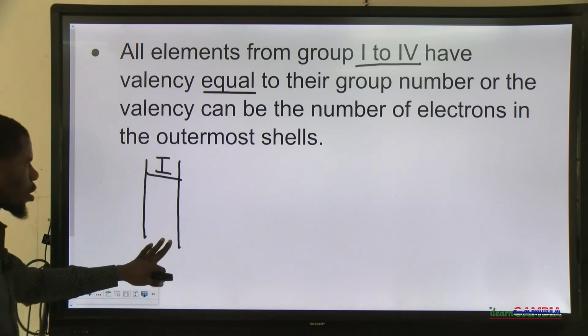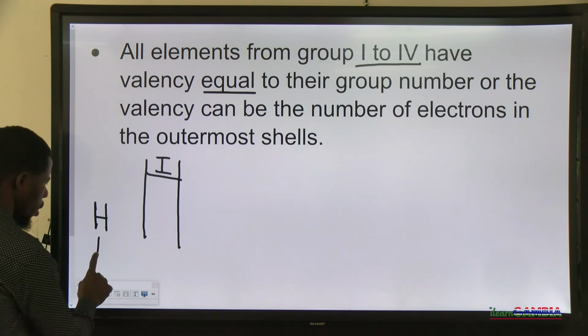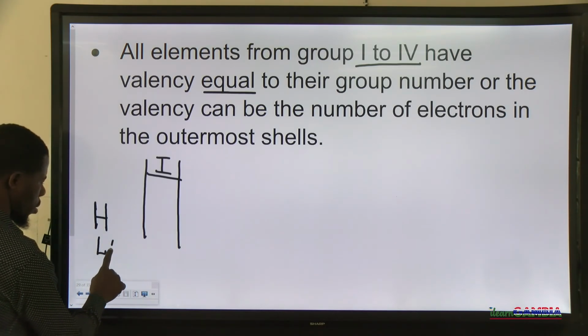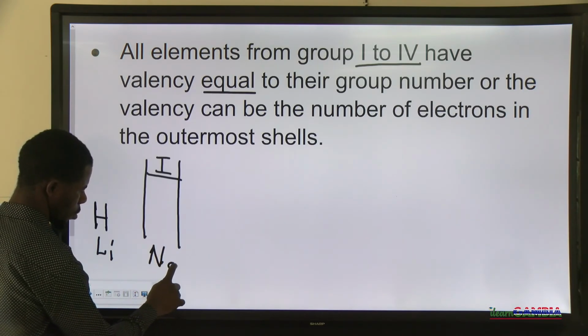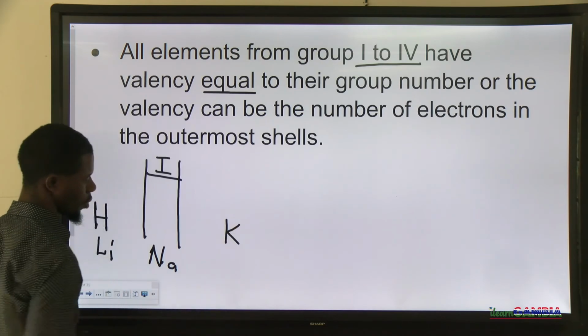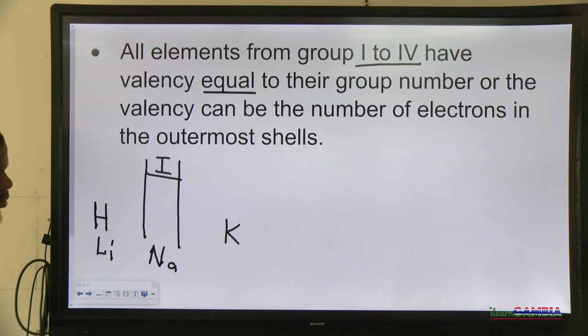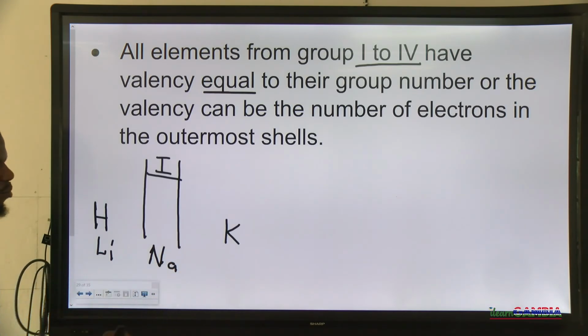Examples of elements under group 1 are hydrogen, lithium, sodium, and potassium. That is where we are going to stop at our level. They all have a valency of 1 because they all belong to group 1 in the periodic table.